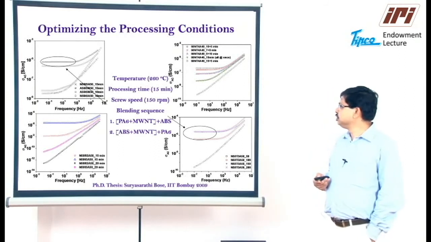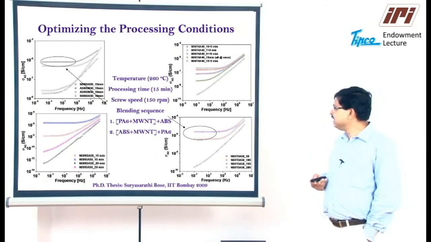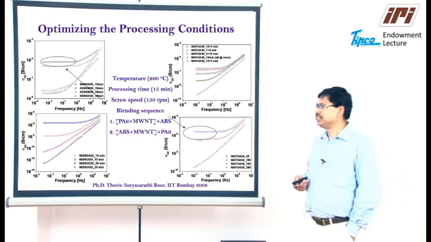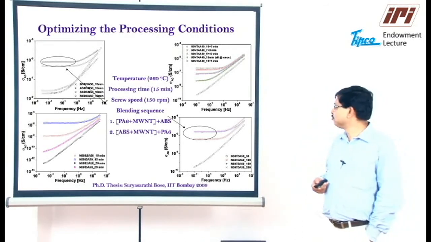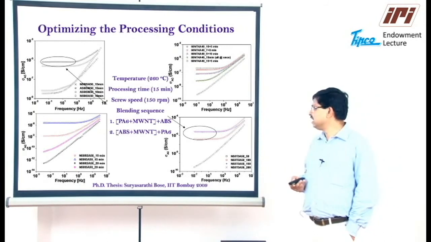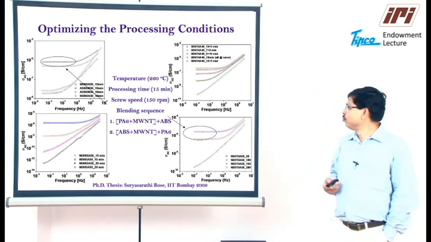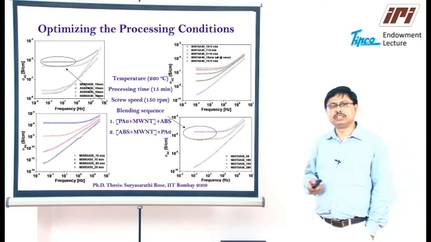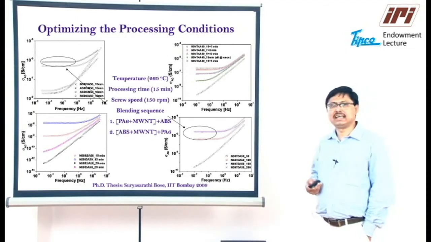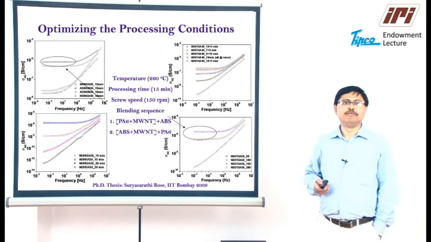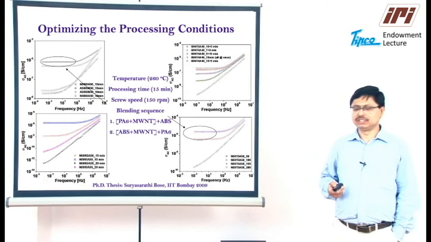It has also been shown that for blending sequence 1, where the polyamide 6 is mixed with the multi-wall carbon nanotubes followed by the ABS, and blending sequence 2, where the ABS is mixed with the multi-wall carbon nanotubes followed by the polyamide, there is a difference in the electrical conductivity under various optimized processing conditions.